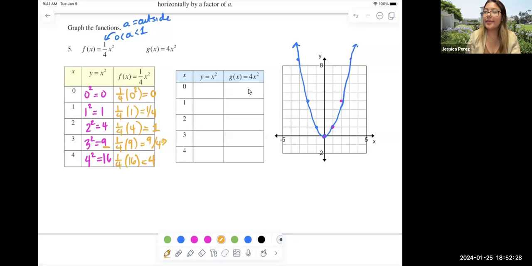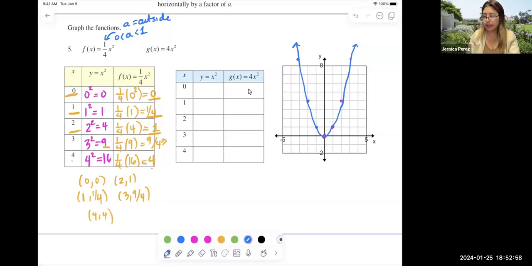So now we have the points 0, 0, then 1 and 1/4. Basically I'm taking my x, my y, my x, my y. So 0, 0, 1, 1/4. We have 2 and 1. We have 3 and 9/4, and 4 and 4.